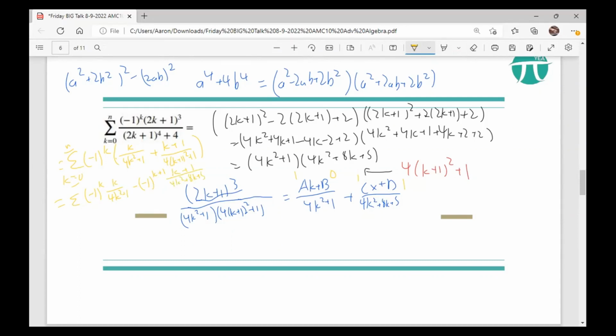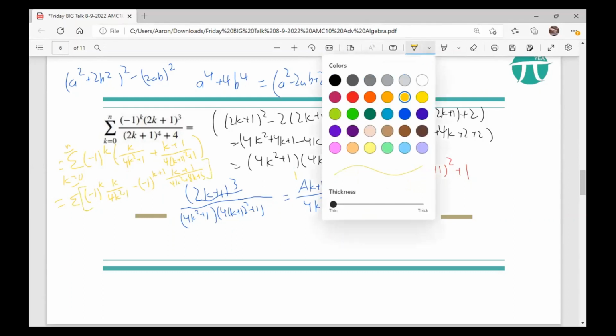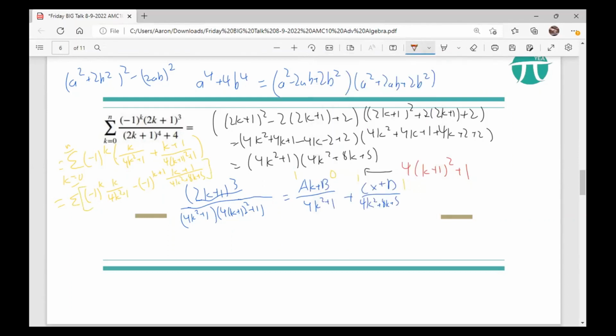And so this is very clearly a telescoping thing. You can do the usual stuff at the end, and what you'd find is that this is just equal to the negative of -1 to the n plus 1 times n plus 1 over 4 times n plus 1 squared plus 1.